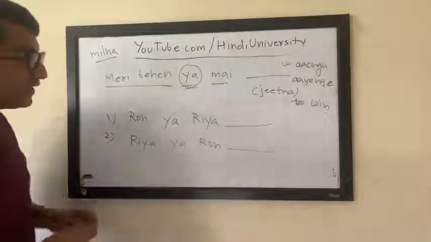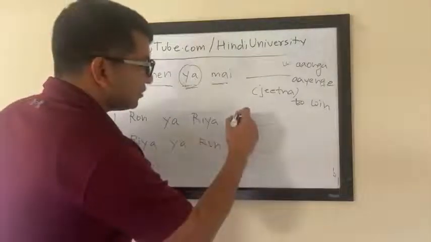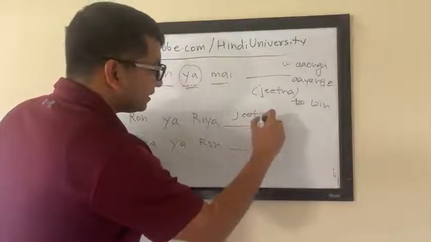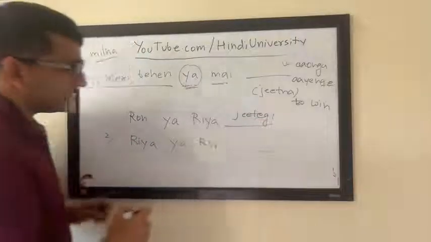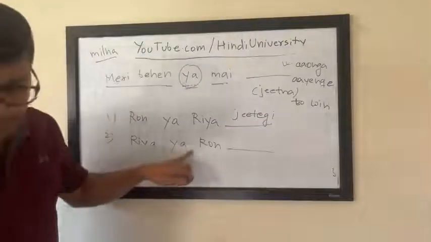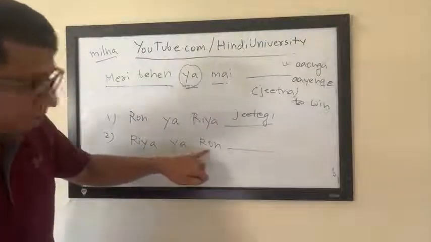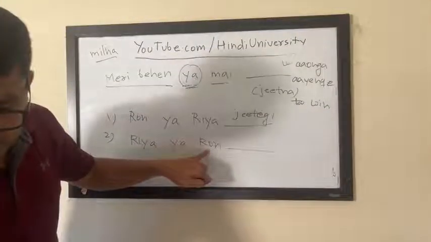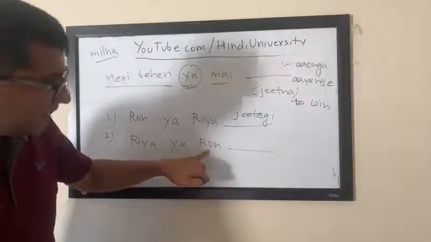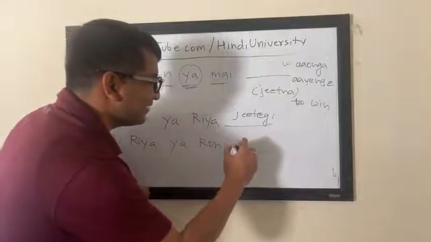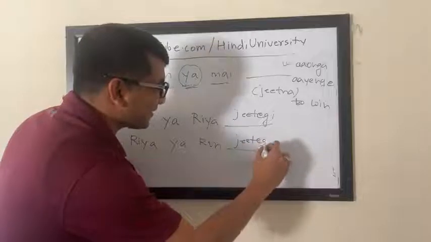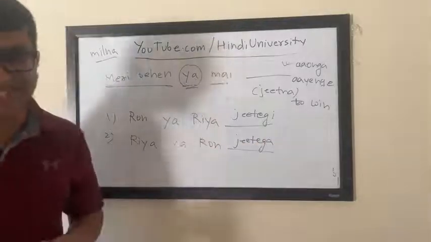Rita is feminine singular, so it would be जीतेगी. There is no nasalization. Okay, next one, Tisina ji. Rita या Ron? Very good. जीतेगा. You can be loud. Don't doubt yourself. You are absolutely correct.